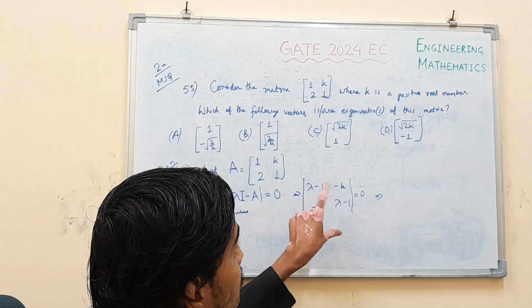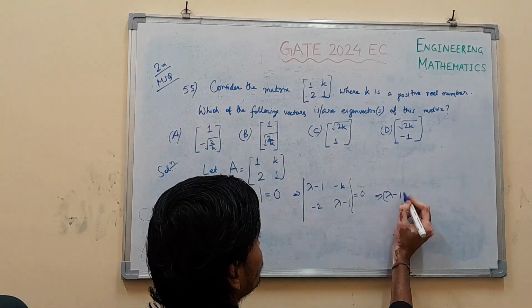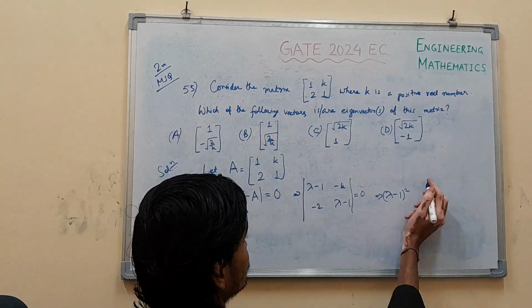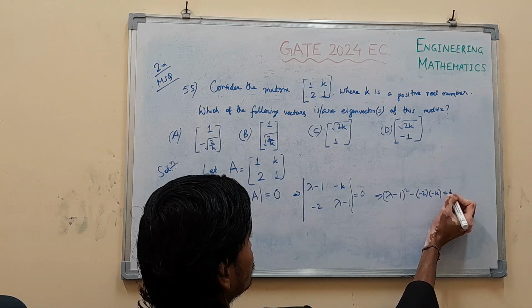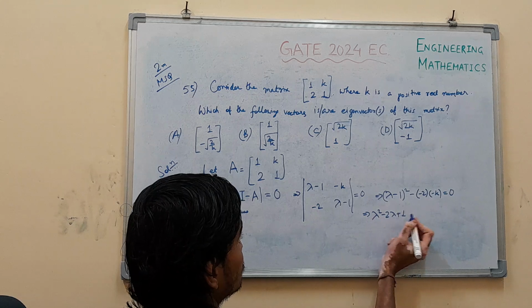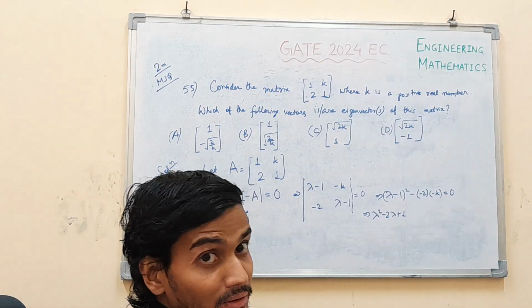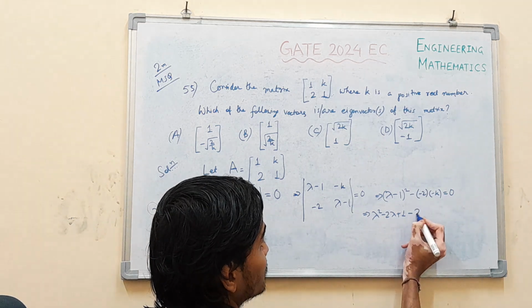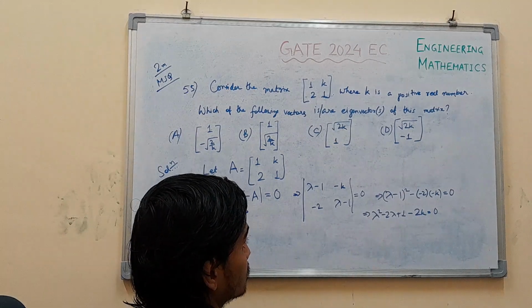If we evaluate this, we get lambda minus 1 whole square minus (minus 2)(minus k) equal to 0. So lambda square minus 2 lambda plus 1, minus 2k equal to 0. Right.